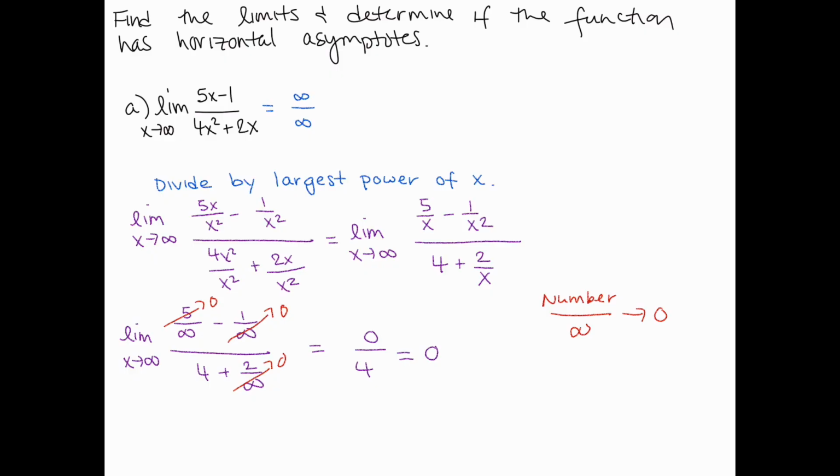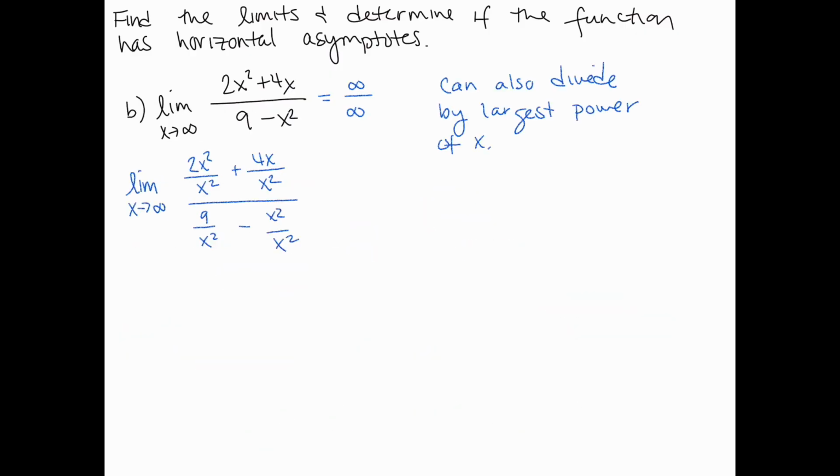What is that telling me in terms of asymptotes? That means, because 0 was my answer, y equals 0 is a horizontal asymptote. All right, let's do another example. Let's look at part B, which was the limit as x goes to infinity of 2x squared plus 4x over 9 minus x squared.